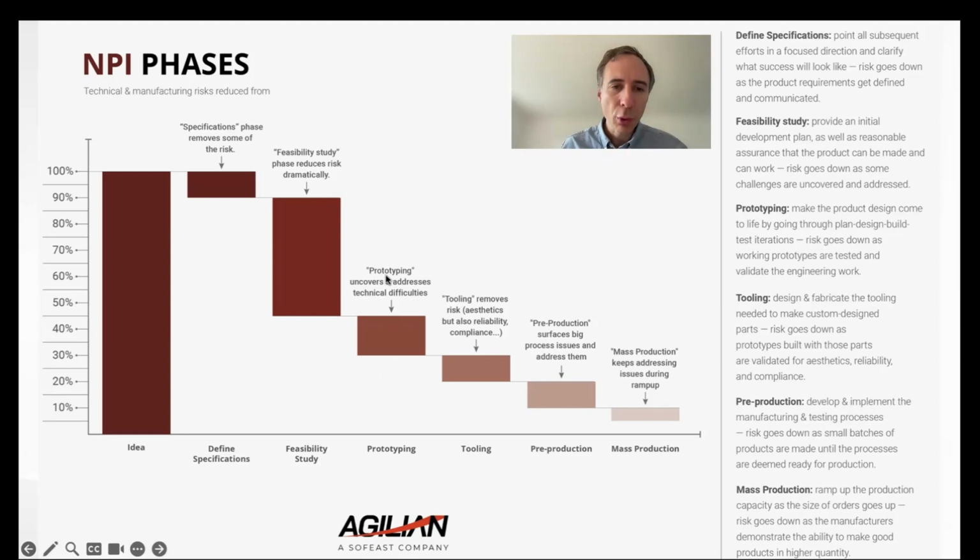Then it goes into prototyping, and some of the engineering work has already been done, some of the sourcing has already been done, etc. Right? But there's always some issues to uncover, to address. There's always some unknowns here. Now, the more software is in the product, the higher this bar would be, right? Or at least if you keep it for prototyping, because a lot of companies do some of the very special or high risk software development, let's say, in the feasibility study.